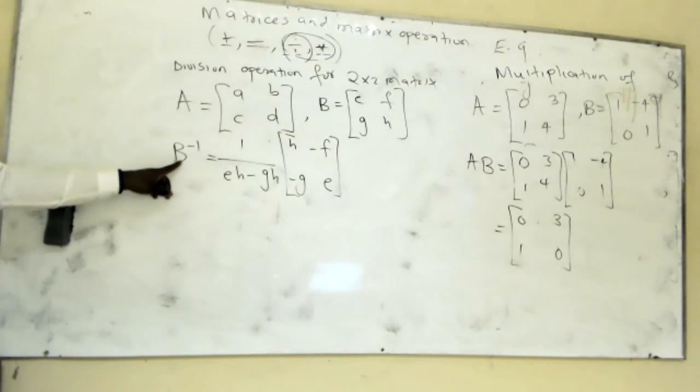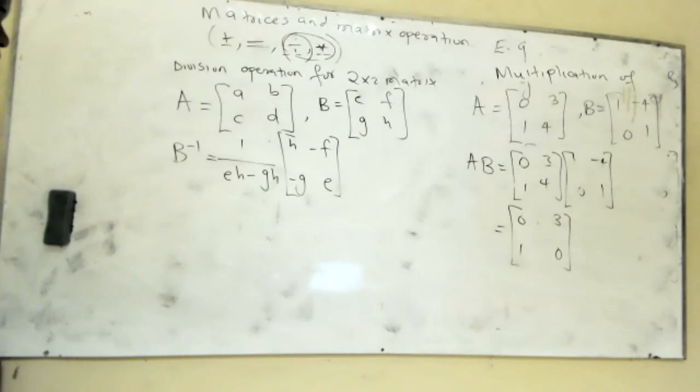That will give you the inverse of B. Is that clear? Yeah, it's clear. It means that one is a little formula, right? Yeah. This is how you find the inverse of B.